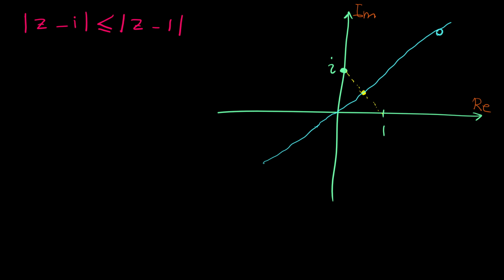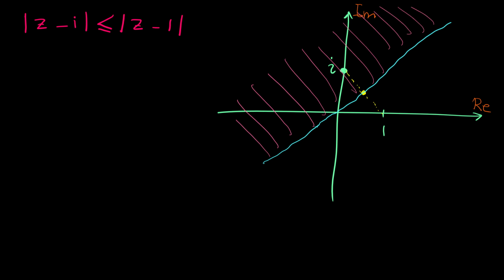For example, if you consider this point, the distance from i is the same as the distance from 1. Now, the points that are above this line, for example this point, the distance from i is less than from 1. So, with the geometric method, now we know that the answer is this region. But probably finding the answer with this geometric method is a little tricky and maybe hard for some of you.